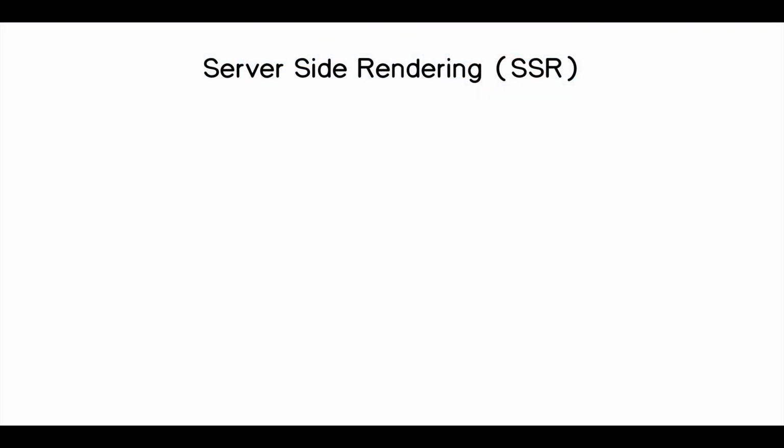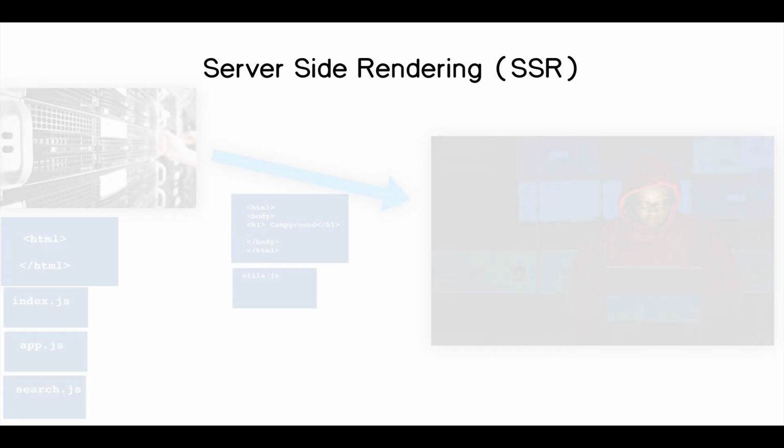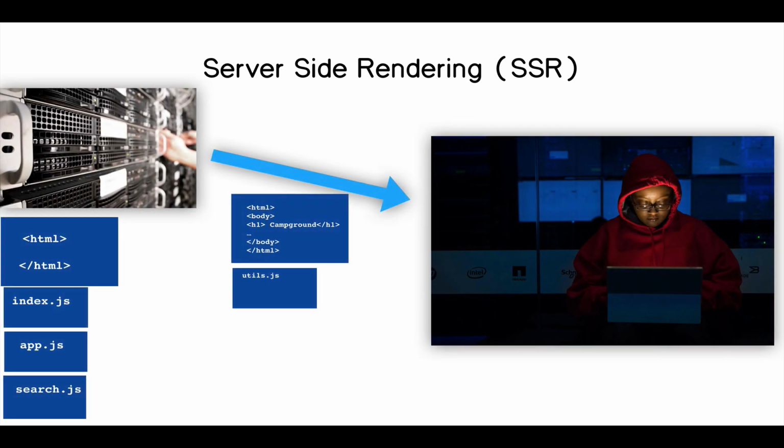Server-side rendering is slightly different. Here, a user makes a request of our server, and we still have those files, basically an empty HTML file and a bunch of JavaScript files, but the server itself renders as much HTML as possible. So on the server side, we're executing that JavaScript code and rendering the HTML, and that's what's sent to the user's browser.